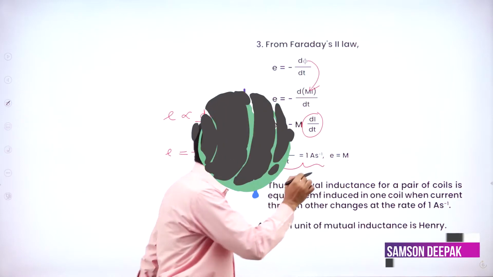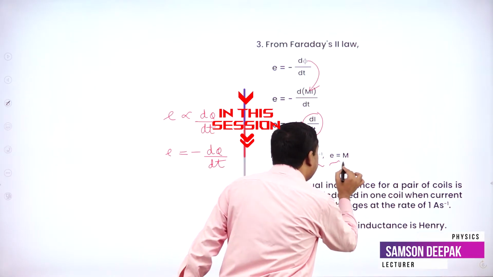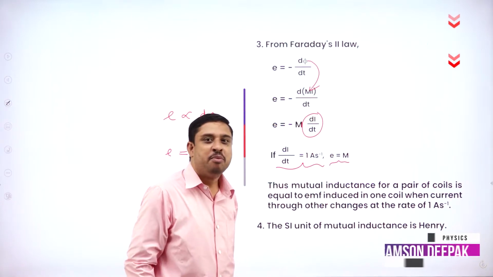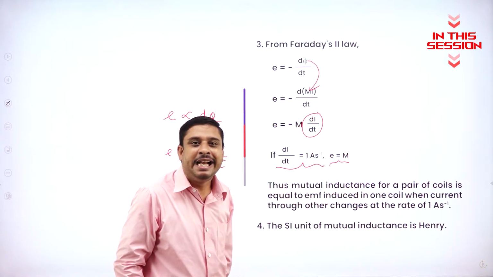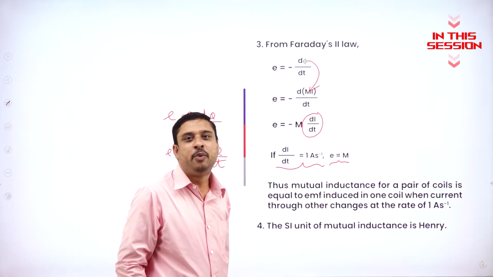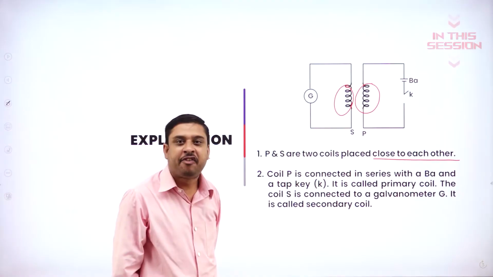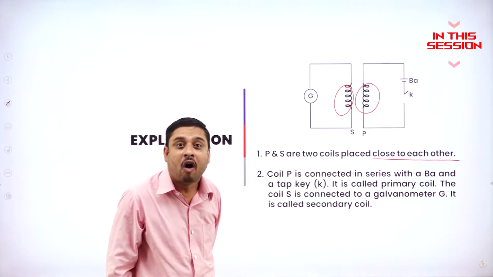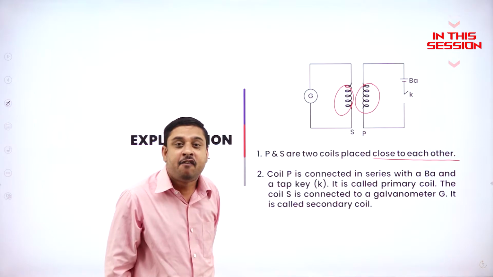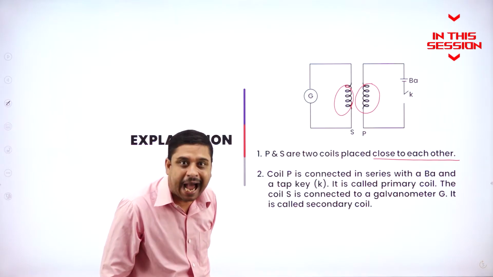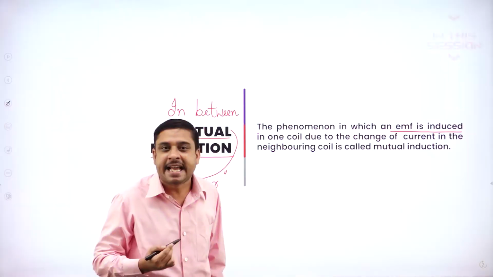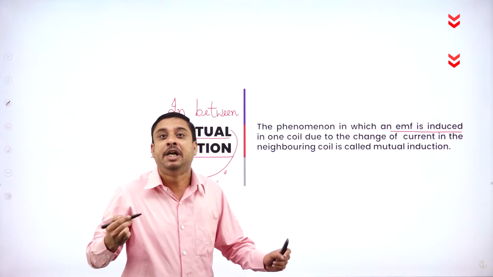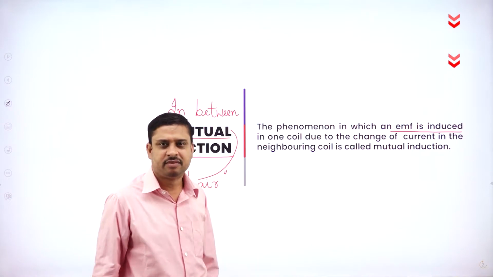then the EMF induced in the secondary coil is called mutual inductance between the pair of coils. If induction has to happen, there should not be any physical contact. It is the phenomenon of inducing EMF.